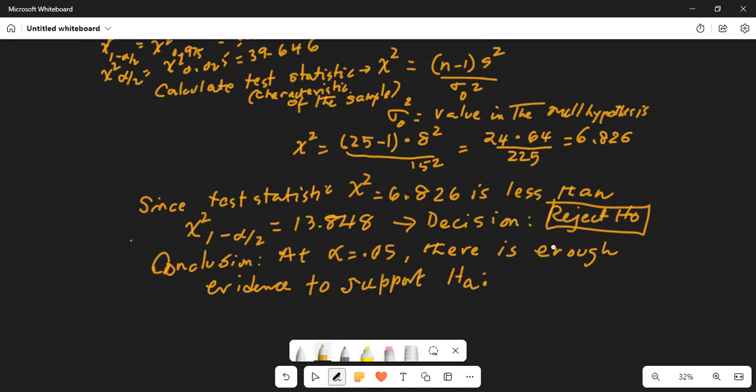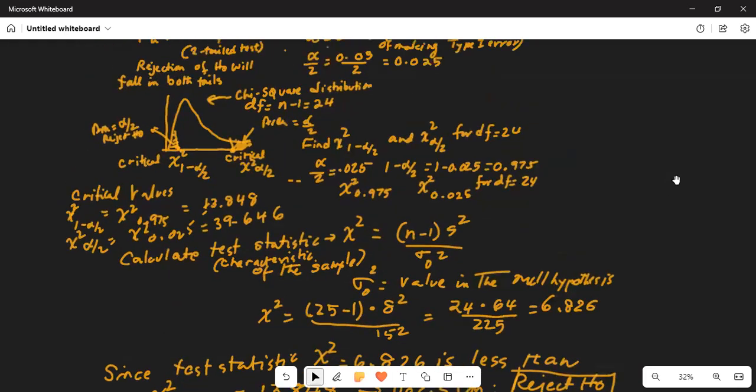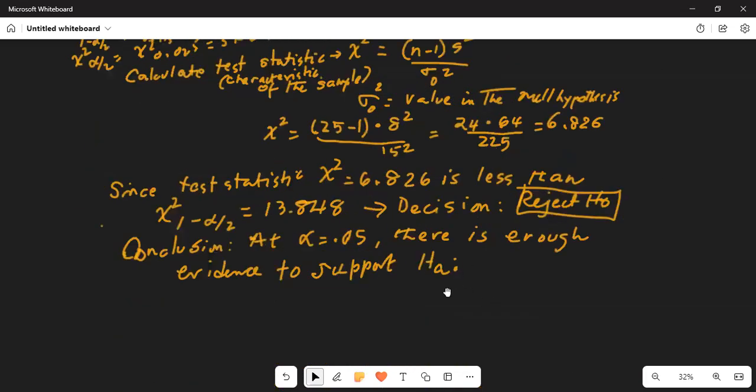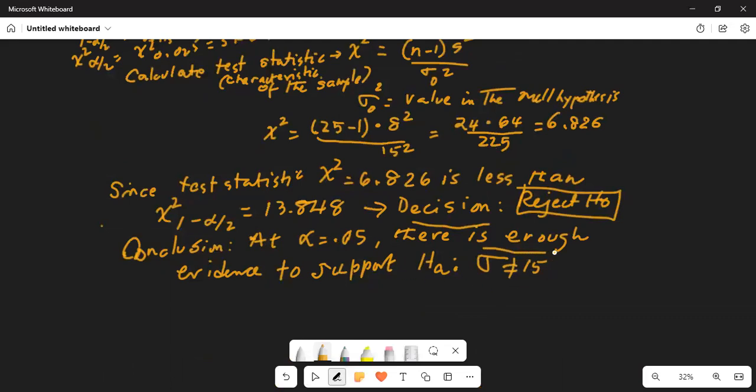The alternate hypothesis states that sigma is not equal to 15. So the decision is reject H0. Conclusion is there is enough evidence at alpha equal to 0.05 to support the alternate hypothesis.